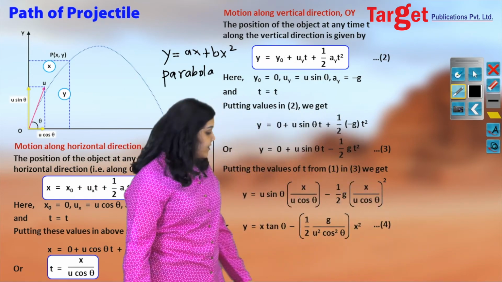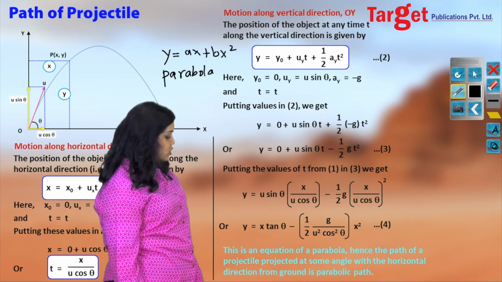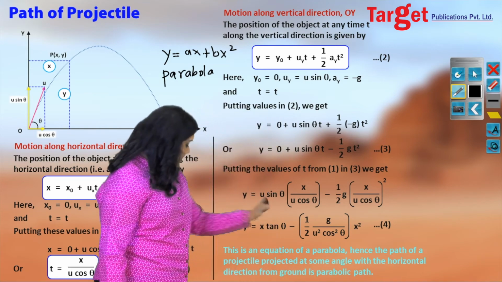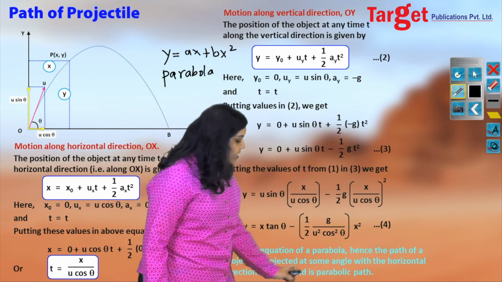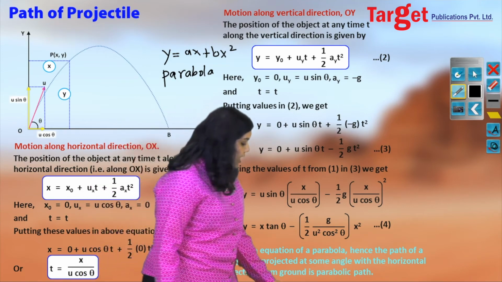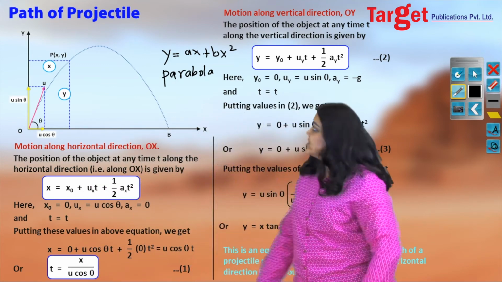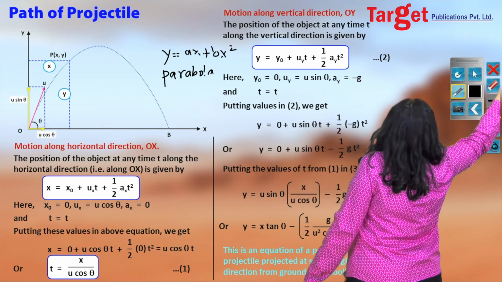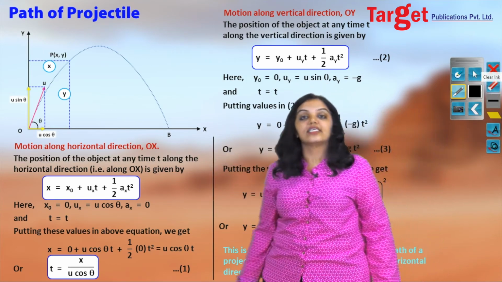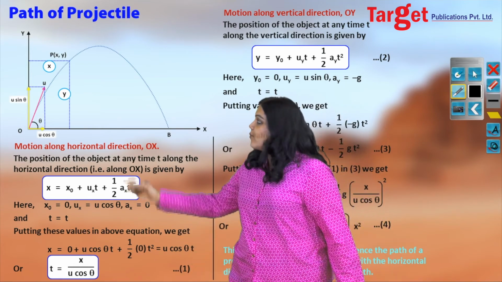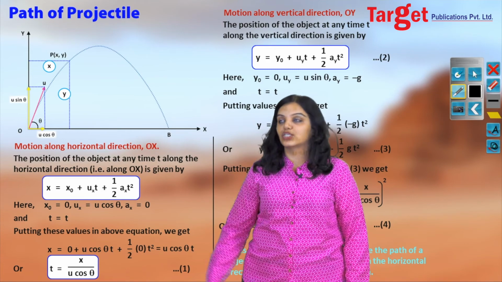And this proves then that the equation of motion in angular projection is that of a parabola, and hence the path of a projectile projected at some angle with the horizontal direction from the ground is a parabolic path. So this completes my proof that the path that an object takes when it is angularly projected is going to be parabolic. I hope you understood now why we draw an angular projectile motion in this way.